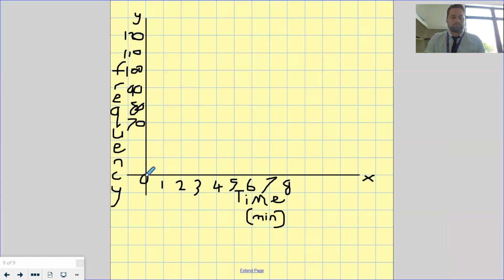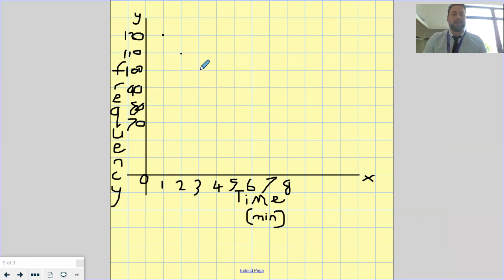And then you may do a bit of exercise, and then you measure your heart rate. After 1 minute, you have measured 120 beats per minute. So you then put in just a little dot to begin with. Just put it there like that. You wait 2 minutes, and then you check your pulse again, and we now go to 110.